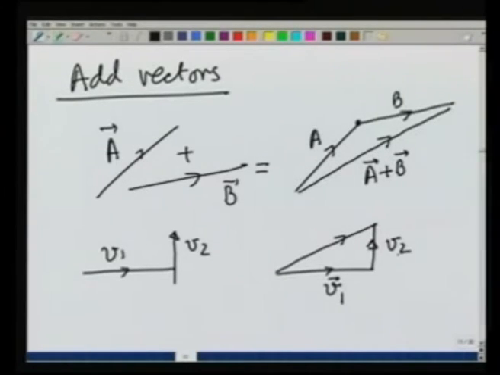You see, I have added v1 and v2 using the prescription I just gave you. I draw v1 and put the tail of v2 on the head of v1, draw this vector, and this gives me v1 plus v2. So, this is how we define the addition, or we obtain the addition of two vectors.